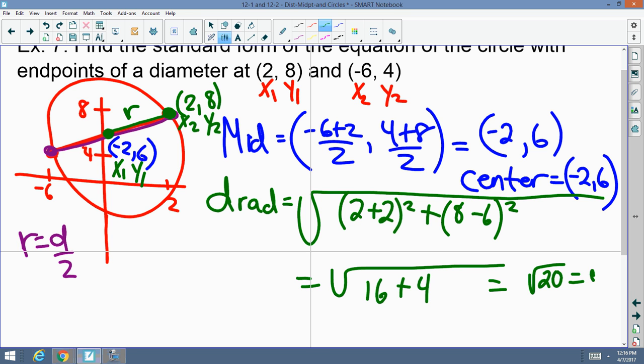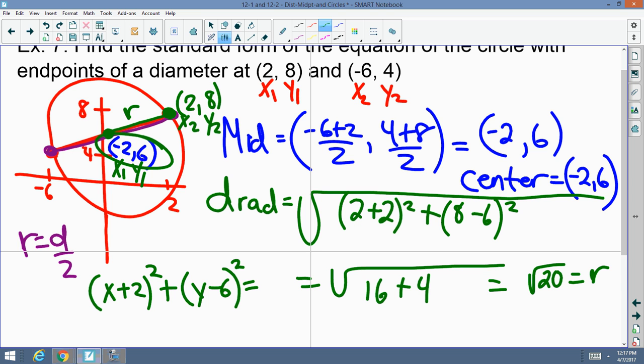That's my radius. Now, what's my function, guys? X minus negative 2, so x plus 2 squared, that's x minus h, plus y minus k squared equals my radius squared. So what does that equal? 20. Bam.